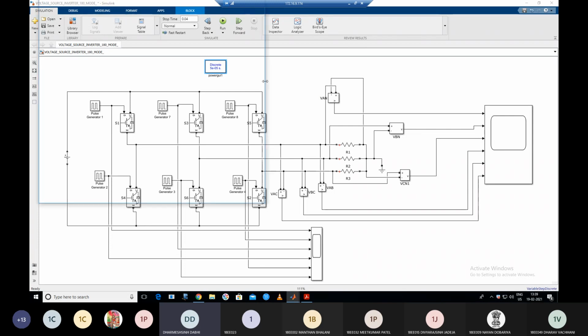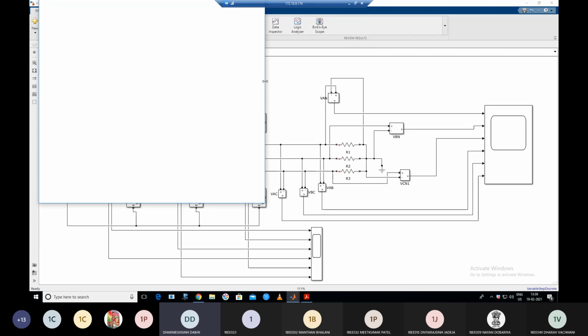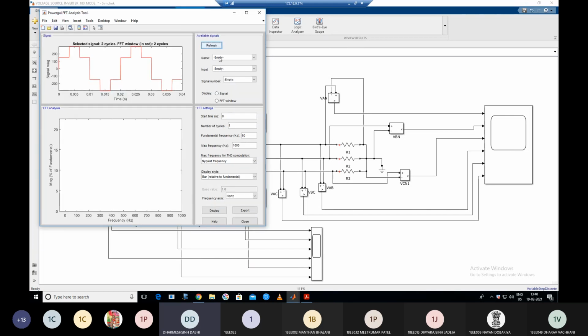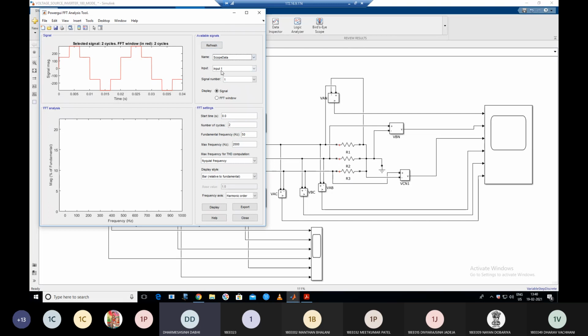Wait for some time because it takes time to run the simulation. Always set the fundamental frequency to 50 Hz, because here we generate the output voltage based on 50 Hz frequency. As you know, in the gate pulse we have provided the time period of a 50 Hz cycle. So you can see that here I directly get this phase voltage A phase, automatically selecting the first scope.